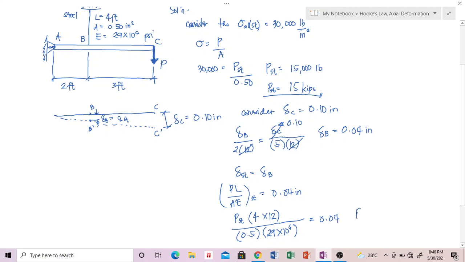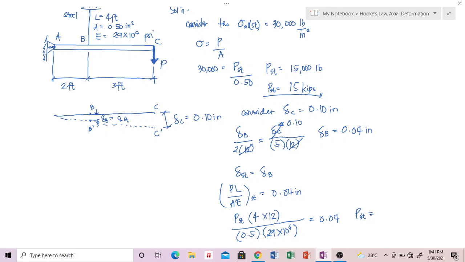So we can now determine the value of P steel: 0.04 multiplied by 0.5 multiplied by 29 times 10 raised to 6, divided by 4 by 12.